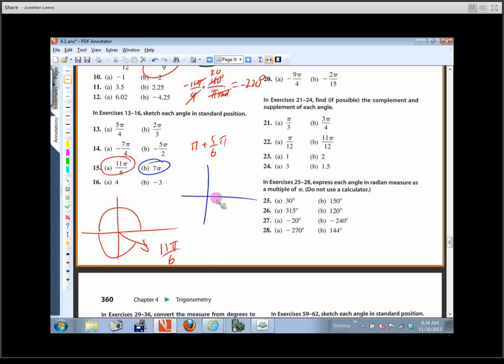If you had to describe how you find this angle, what would you say? I know some of you got it right. Raymond, you're brave enough to answer.